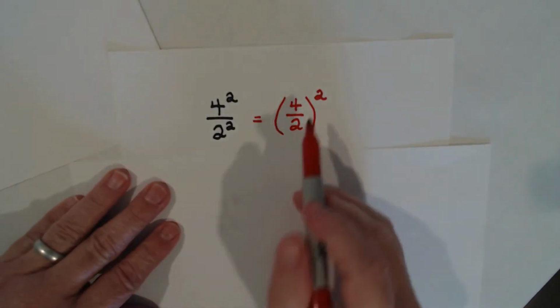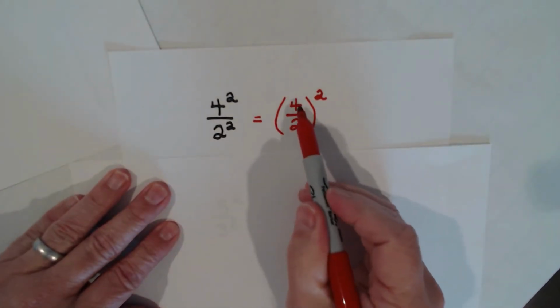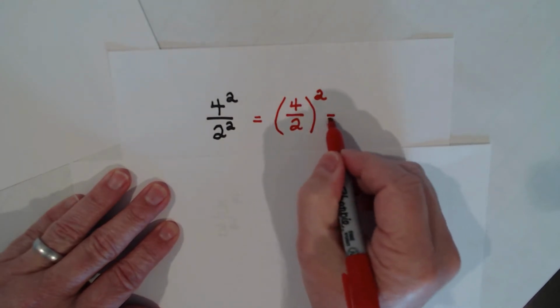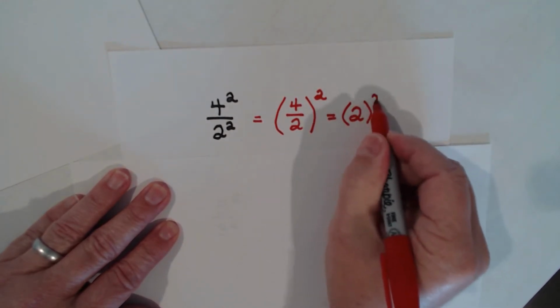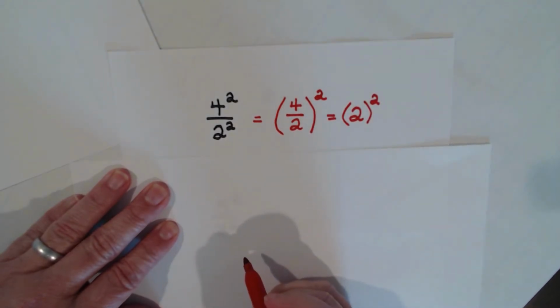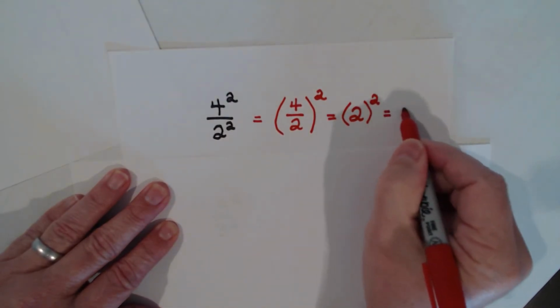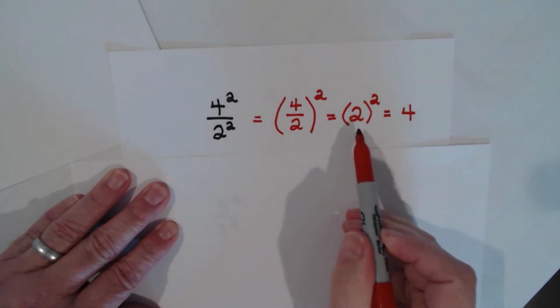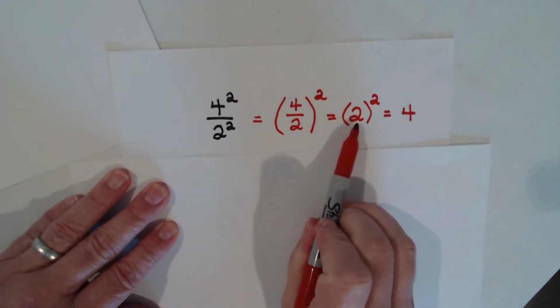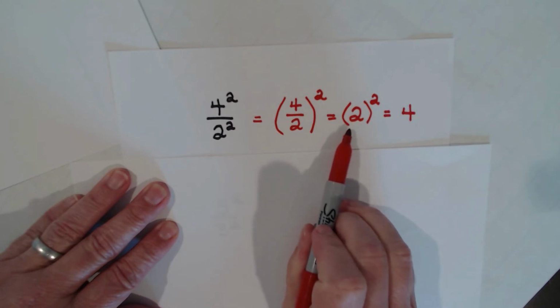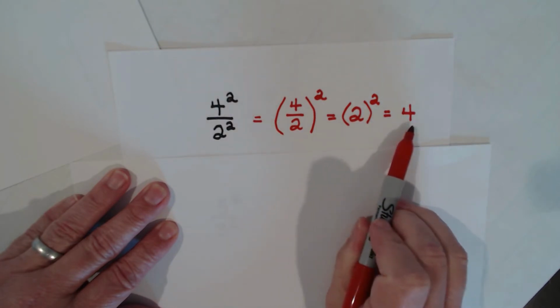Luckily on this one, I can actually divide these in here. 4 divided by 2 is 2, and this is simply 2 to the second power. And 2 to the second power is 4. If they wanted it as a single power, then I would leave it like this, probably without the parentheses. If they wanted me to evaluate it, I would leave it like this right here.